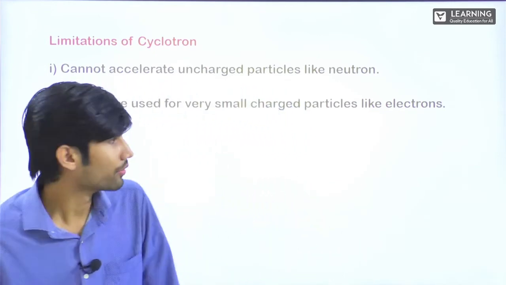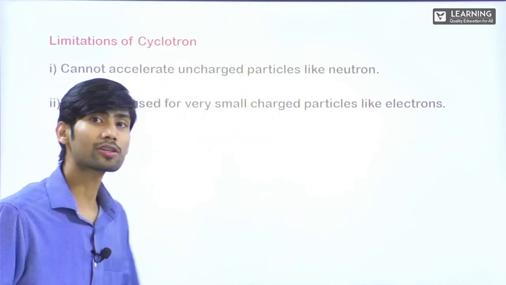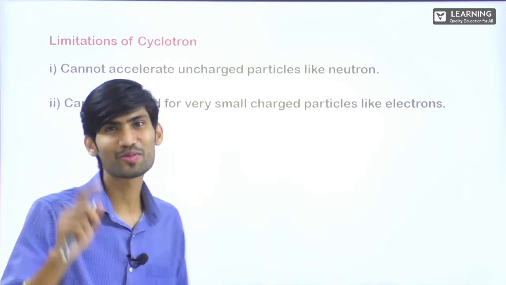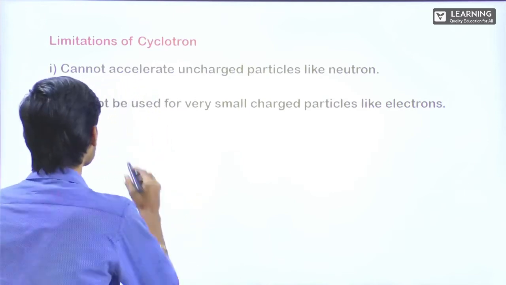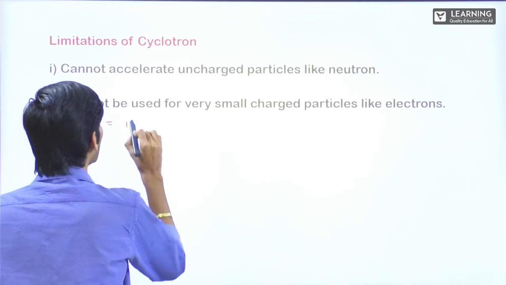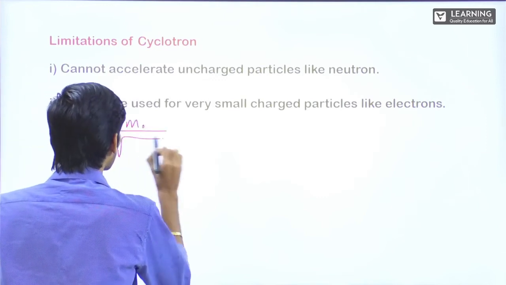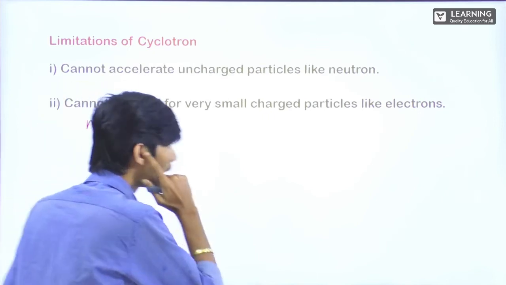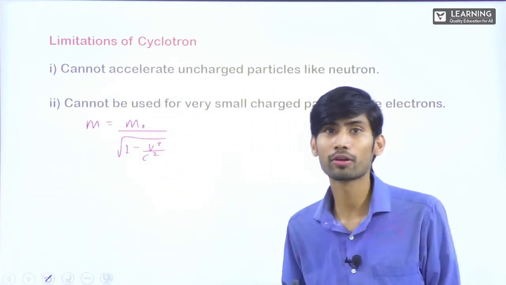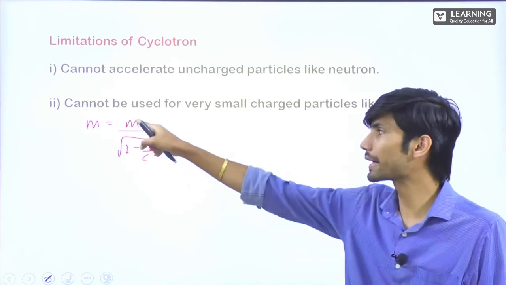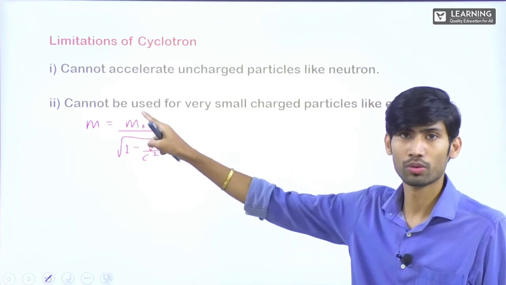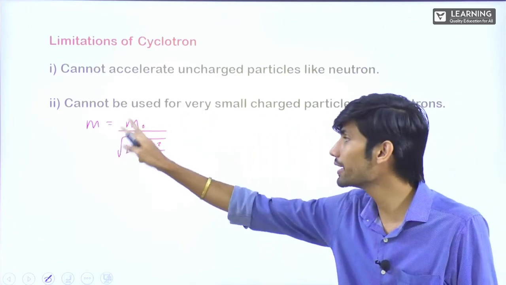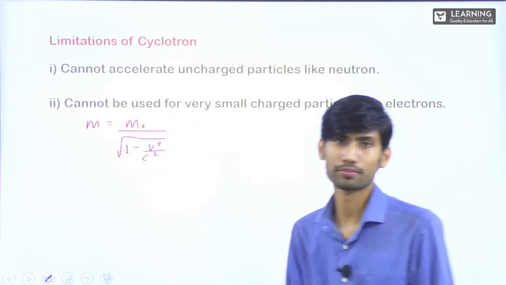See, we know that if the velocity becomes very high, mass changes. I hope you know this. In the very first chapter, we discussed m is equal to m naught upon under root of 1 minus v square by c square. Our mass basically depends on the velocity. This is the rest mass when the velocity is zero, right? When the velocity increases, the mass starts varying according to this particular formula.